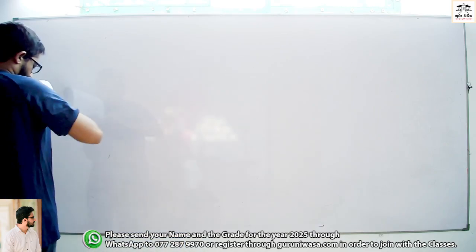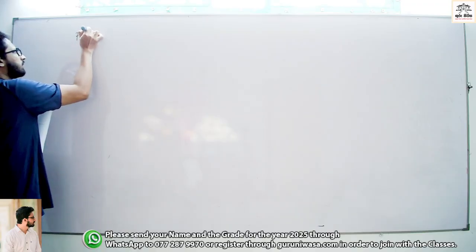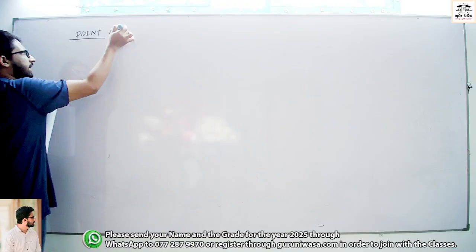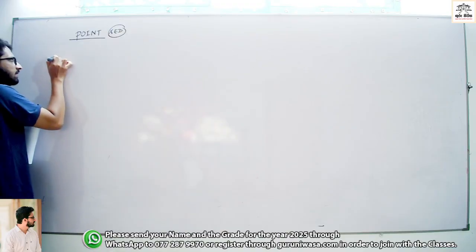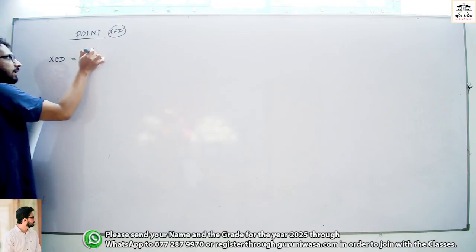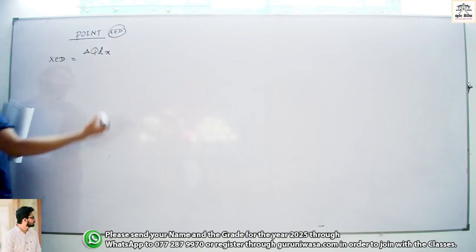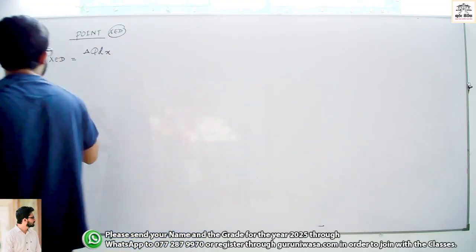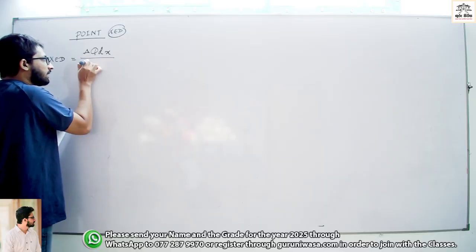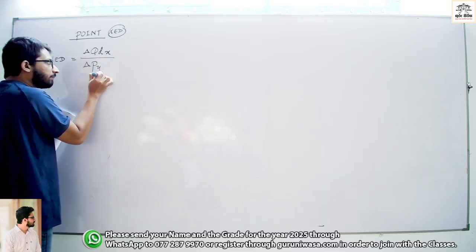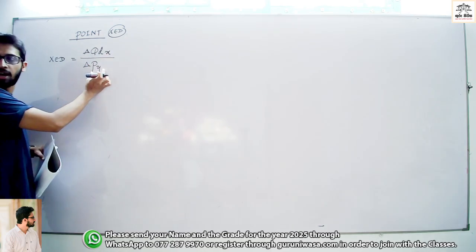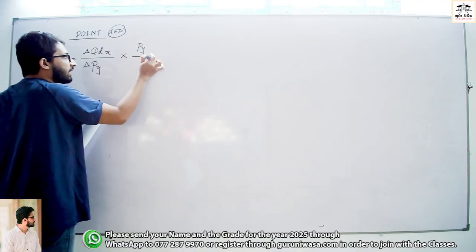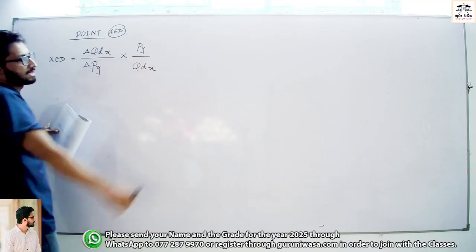Okay. Point XED, how to calculate? XED equals delta QDX, remember, you're talking about quantity demanded of product X, divided by delta PY, into PY divided by QDX.